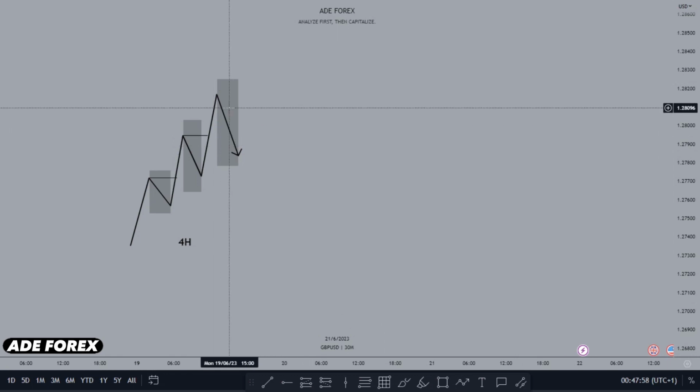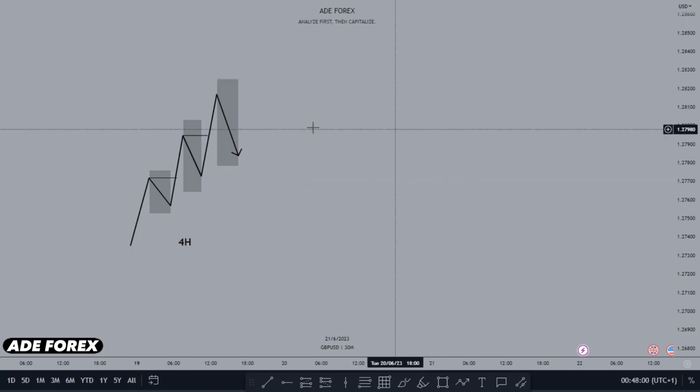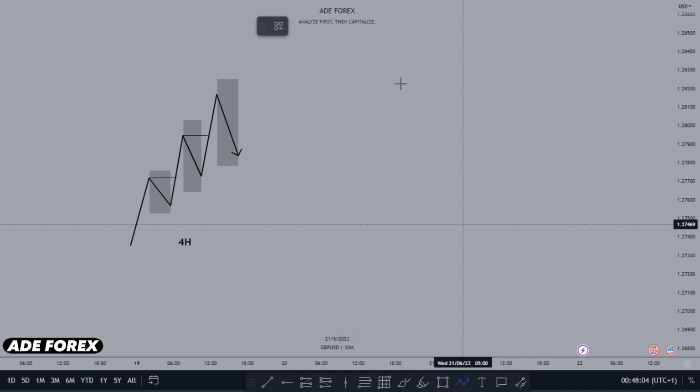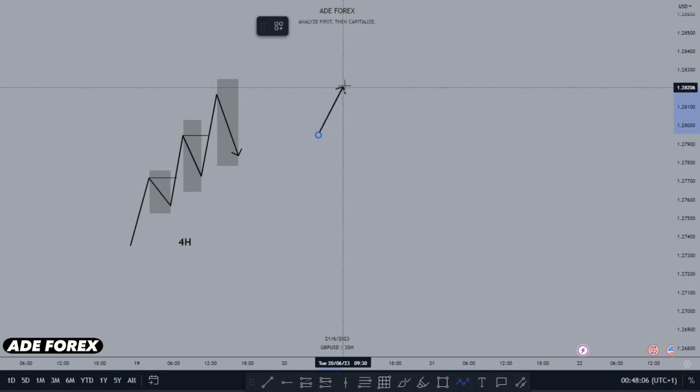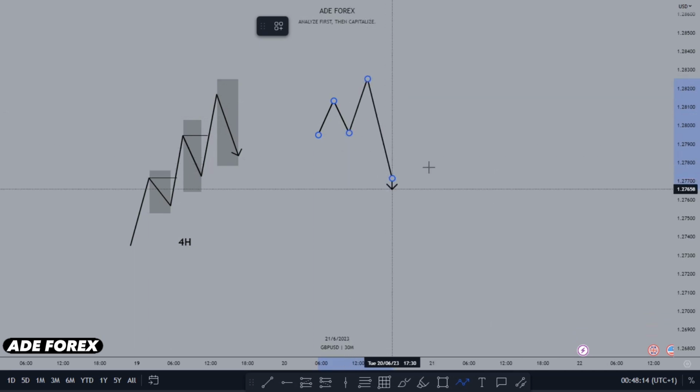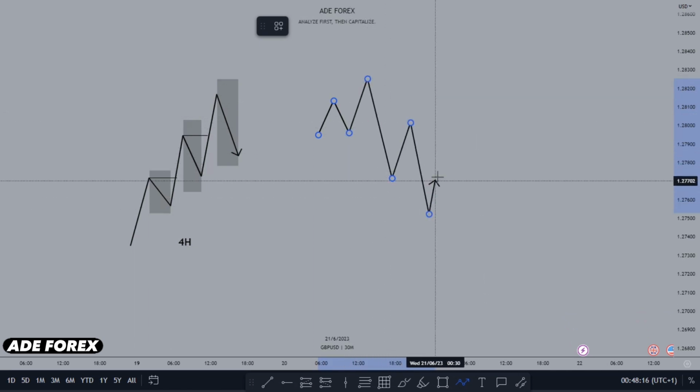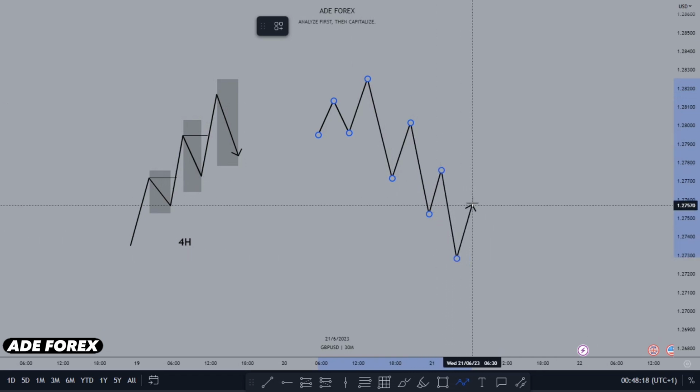All right. So now let's actually go to the 15-minute time frame to make this just easier. Now the market was actually bullish, and then the market changed structure to the downside and then started coming down, retracing.